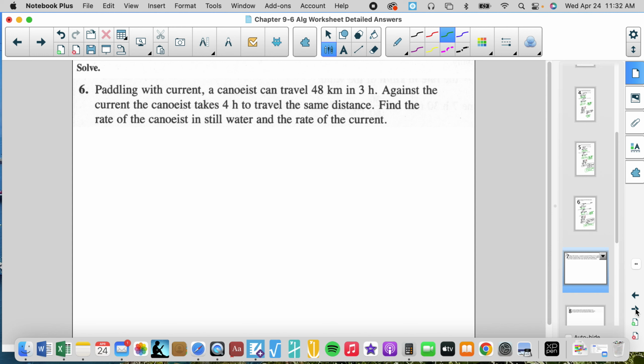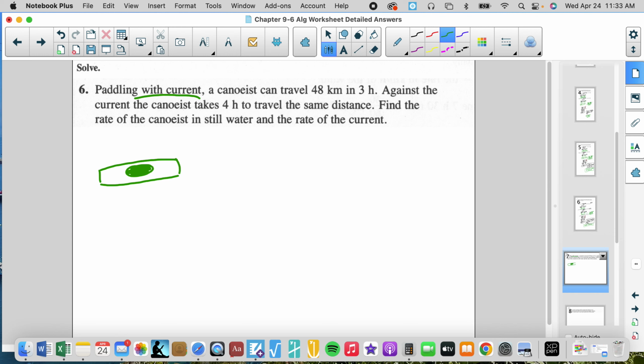A canoeist can travel 48 kilometers in 3 hours with. So we just have to make sure that we understand. That's my canoe. Let's make it more blunt because it's very new age.